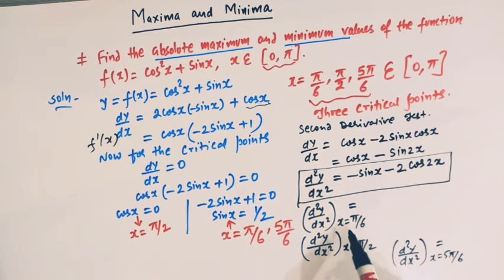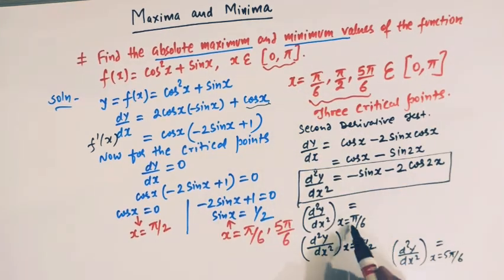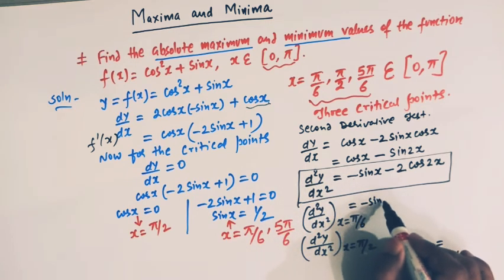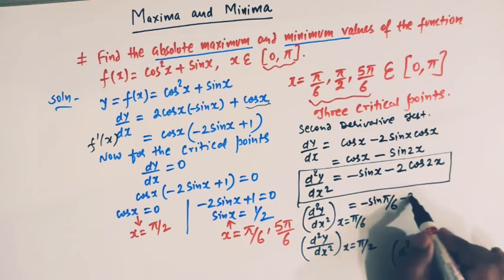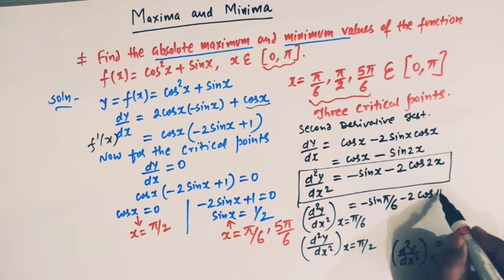So now at the first point, that is pi by 6, we have the value of the second derivative as minus sin pi by 6 minus 2 cos, here we have 2 times pi by 6, which is equal to pi by 3, right?